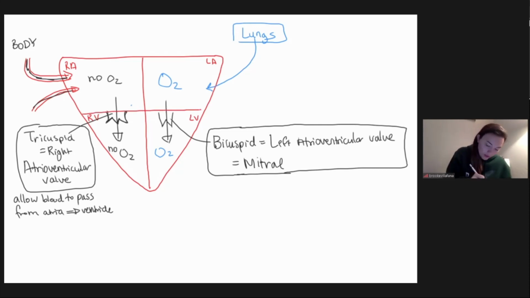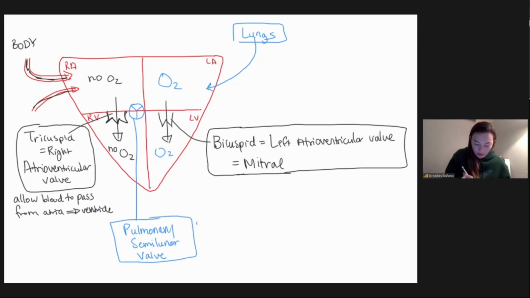So this side is going to have our pulmonary semilunar valve. Remember, pulmonary means lungs. Pulmonary semilunar valve. This is where blood flows from the right ventricle to the lungs.